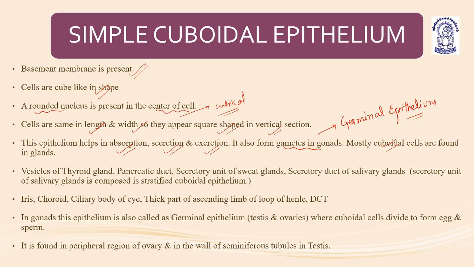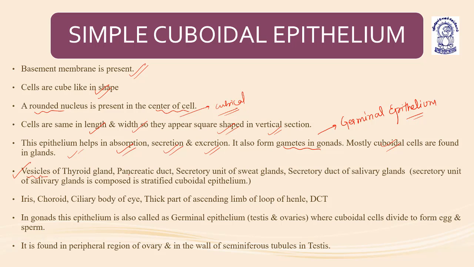Mostly cuboidal cells are found in glands. Understood? Most of the glands present in our body have these cuboidal cells because they are rich in absorption, secretion, and excretion of substances.